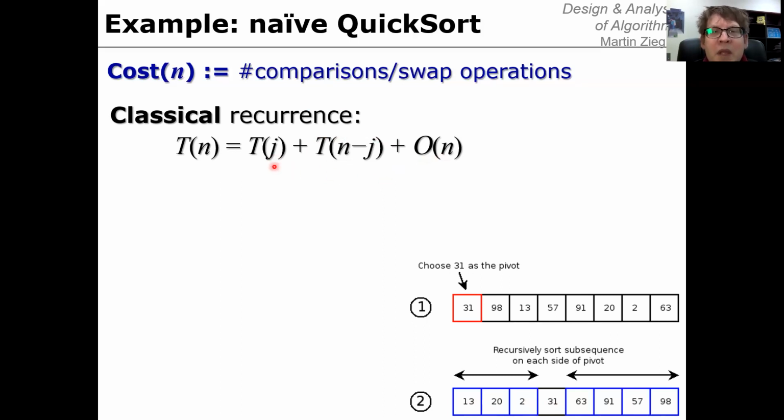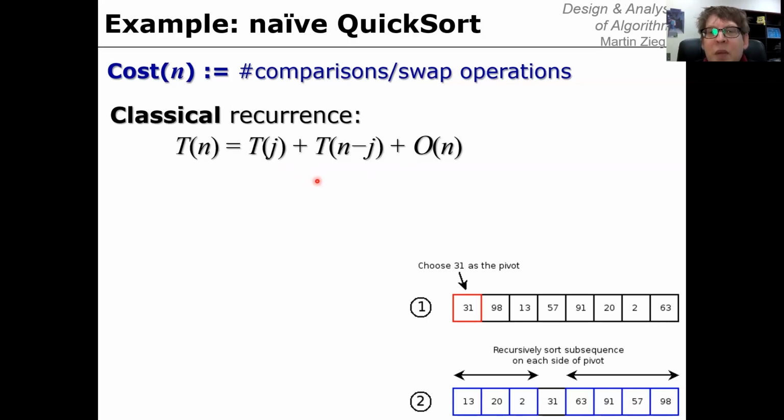The cost of sorting the subarray left of the pivot depends on how large that subarray is, and this number is indicated with the symbol J. And we don't know what J is. In the worst case, J could be just 1, for example, in which case this is constant, and the other call has basically the same cost as the whole problem. So in this case, this results in quadratic running time. Same when J is very large, but we cannot really predict what J is.